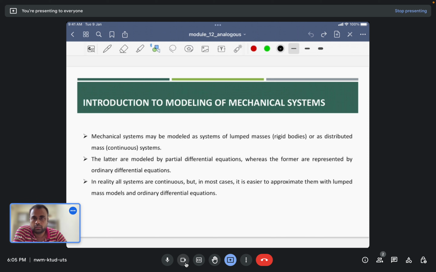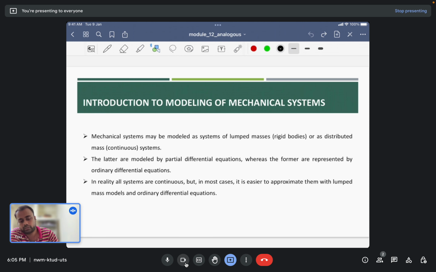A mechanical system generally has some moving parts, and we are trying to calibrate the distance or velocity of that moving part into some electrical signal.